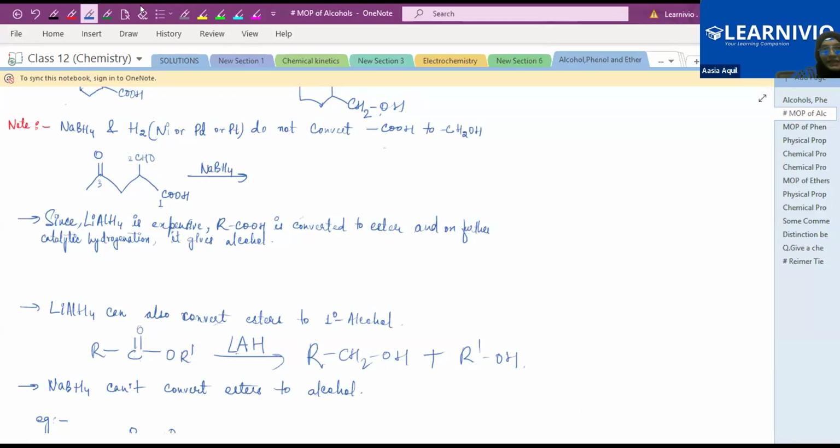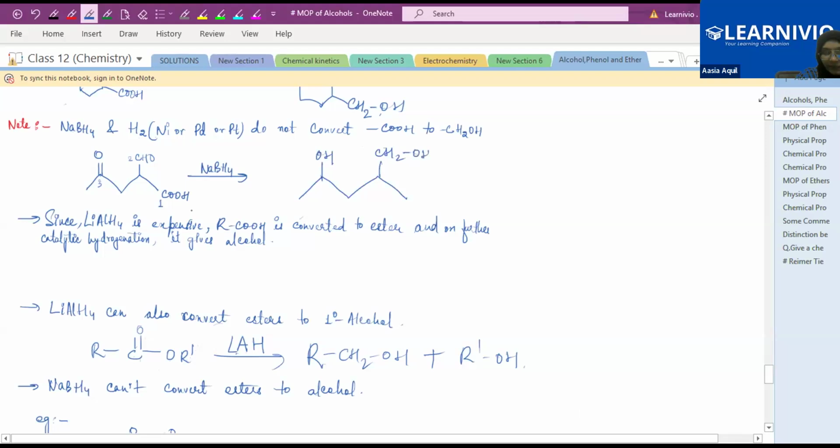What will be the product in this case? We are using sodium borohydride. OH in place of the ketone, and CH2OH in place of CHO.